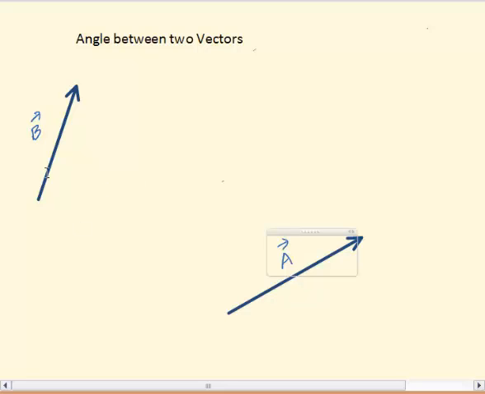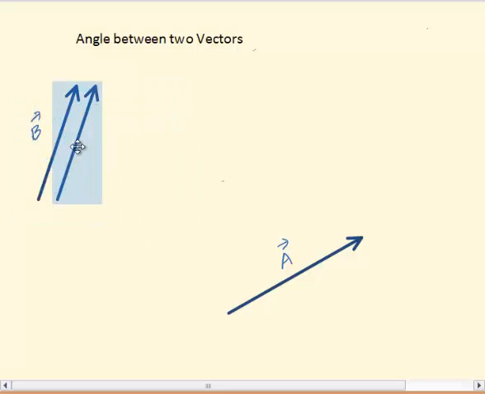Now, vector B will remain unchanged if I move this vector anywhere in the space parallel to itself, because its magnitude is not going to change and its direction is still intact. It points in the same direction. So a vector can be moved parallel to itself anywhere in its space and will remain unchanged as long as the length of the arrow and the direction of the arrow is same.